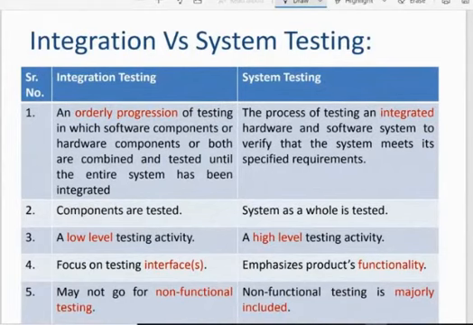So in case of integration testing, I've added a particular question after this discussion. Right.